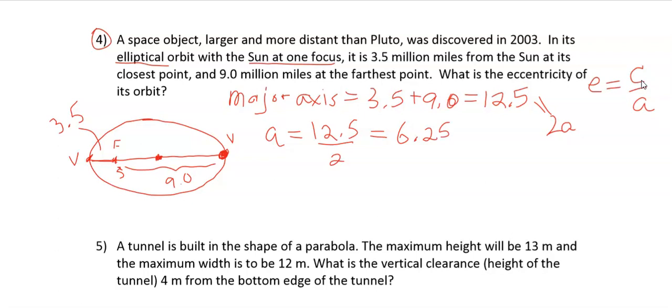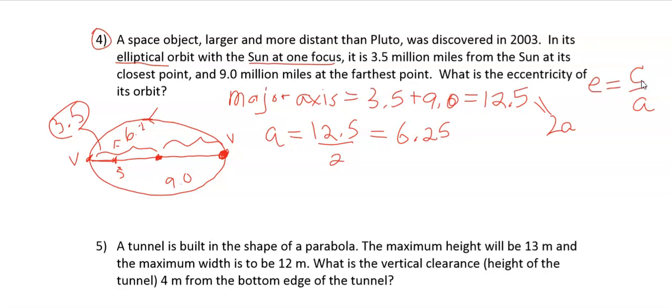So that's the distance from the center to this vertex, and the distance from the center to that vertex right there. 6.25 and 6.25. But wait a minute. If this is 6.25 million, remember, and this little piece there is 3.5, then I should be able to get the distance. Let me clear up some of this. It's kind of a little bit cluttered up.